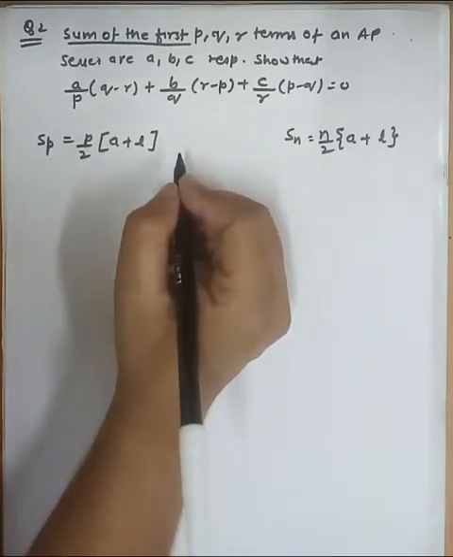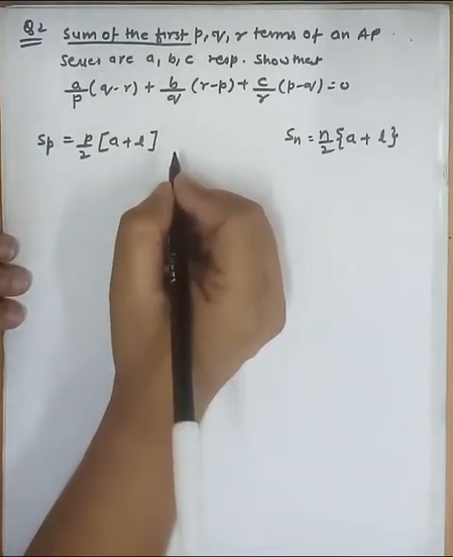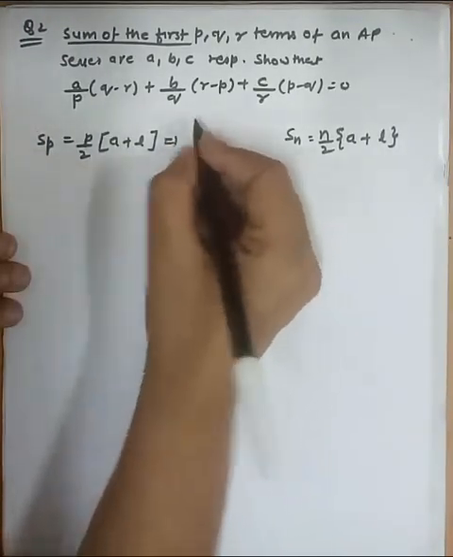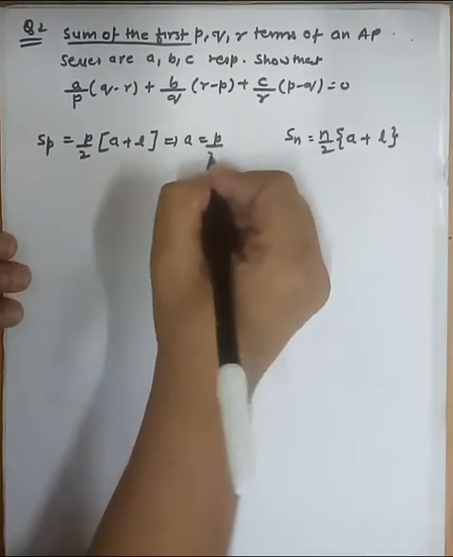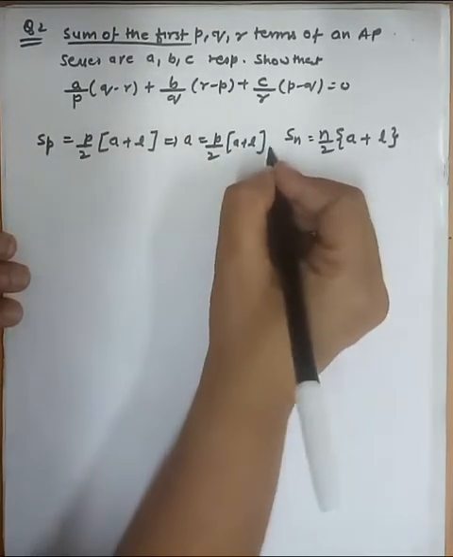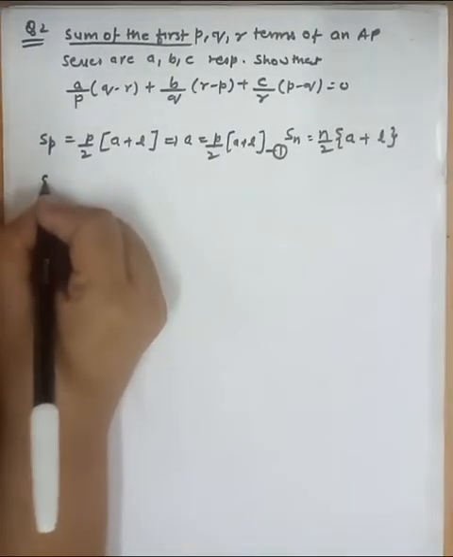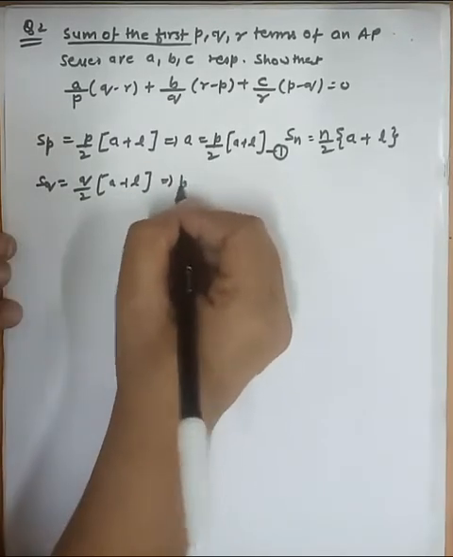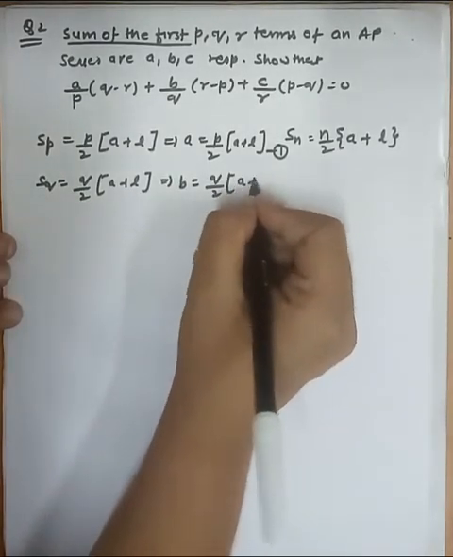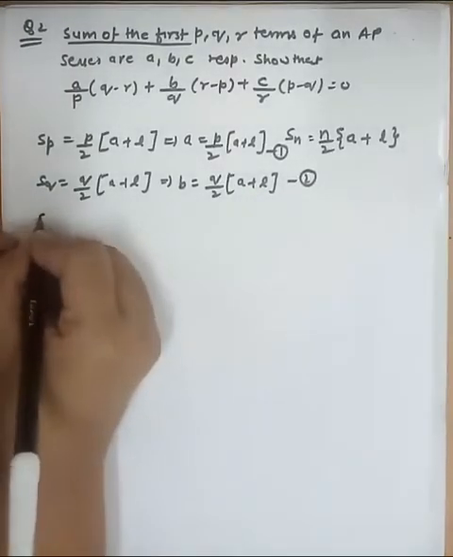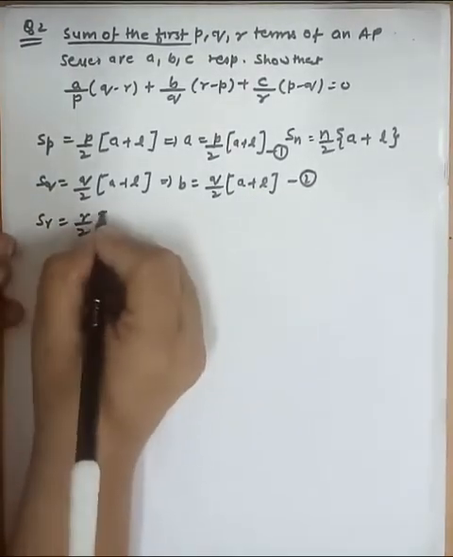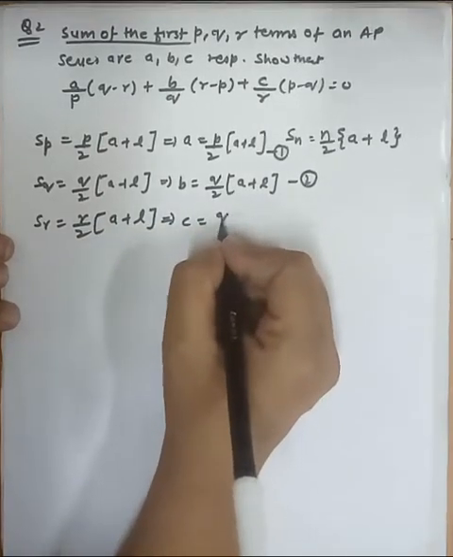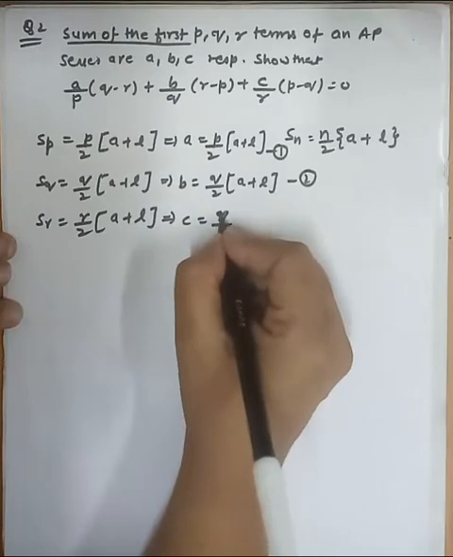This is the first equation. Now the second one is B equals Q by 2 (A plus L), and the third one is C equals R by 2 (A plus L).